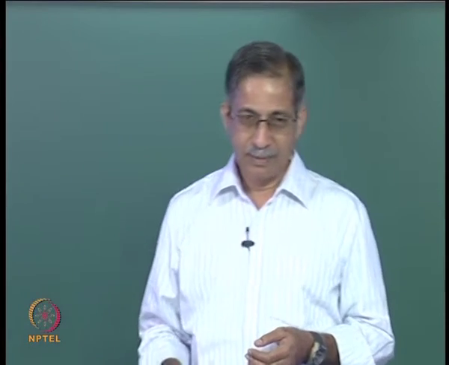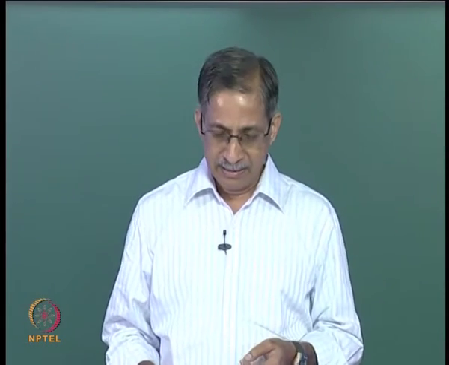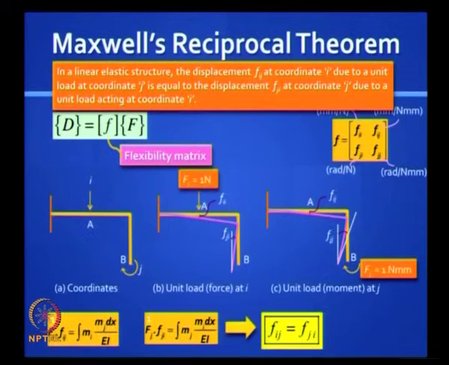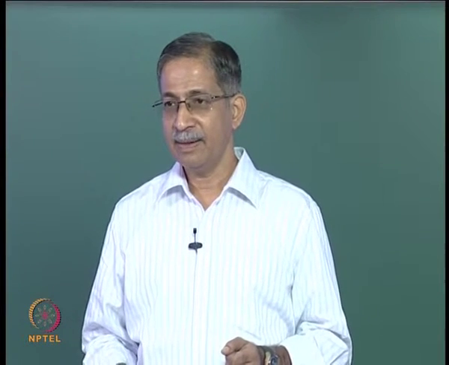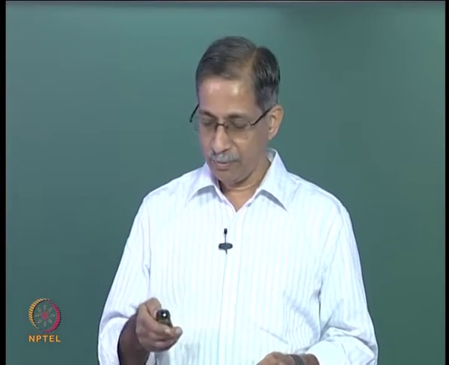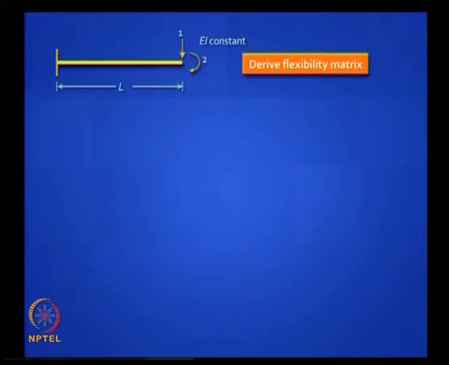So in summary, in a linear elastic structure, the displacement Fij at coordinate i due to a unit load acting at coordinate j is equal to the displacement Fji at coordinate j due to a unit load acting at coordinate i. Now the load could be a force, it could be a moment, and although we proved this for a frame, you could prove it for a truss as well. There the force would be an actual force if it is an internal force.